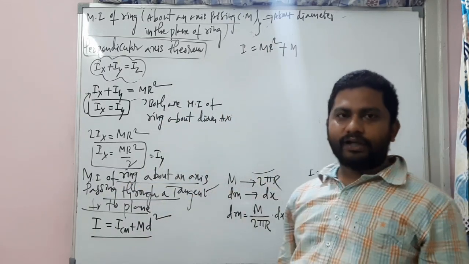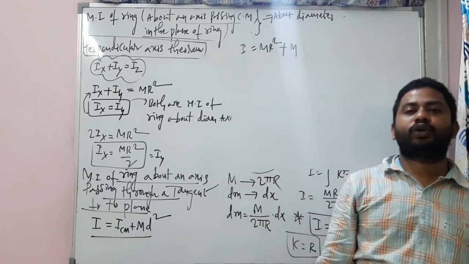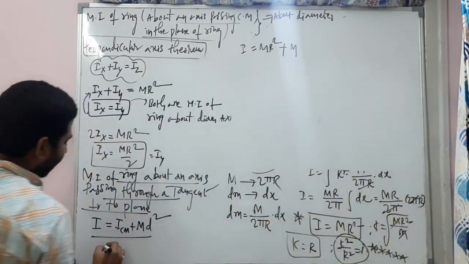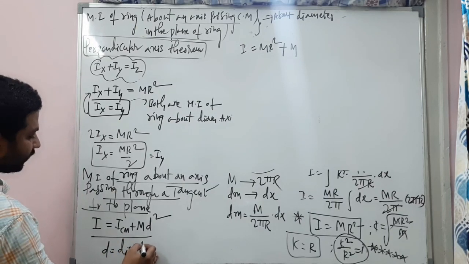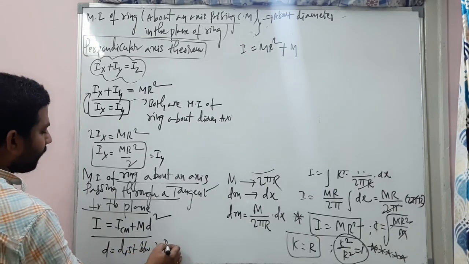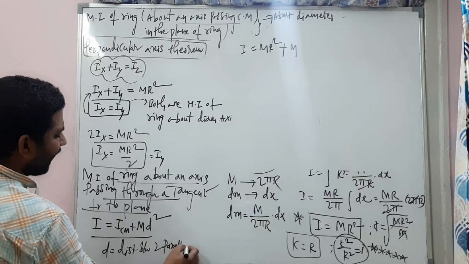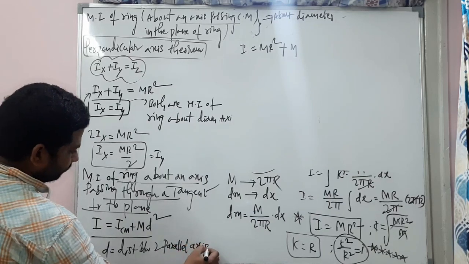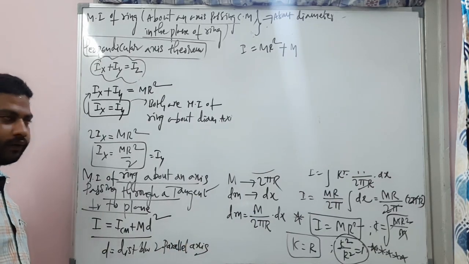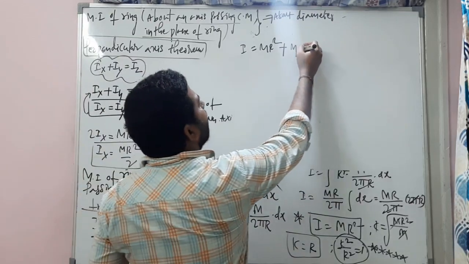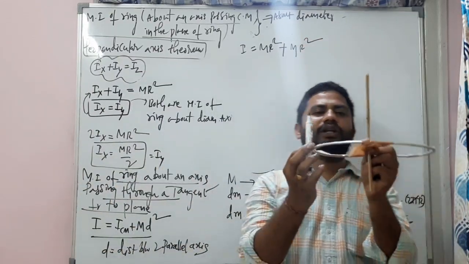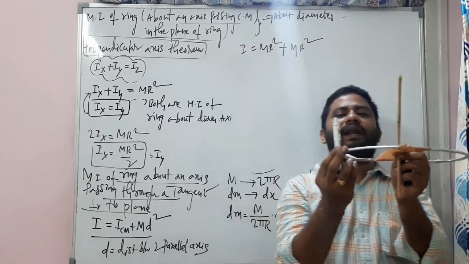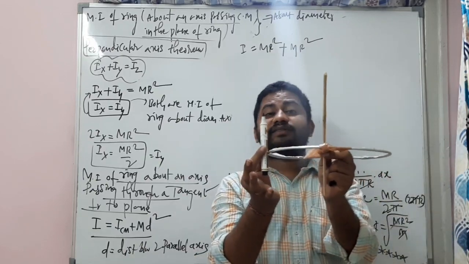md andre I told you already, distance between two parallel axes. So let me write once again. So d andre distance between two parallel axis, right? So this is r square. Distance between two parallel axes enama nodri. You only tell me what's the distance between two parallel axes. Is it r, radius of the ring?